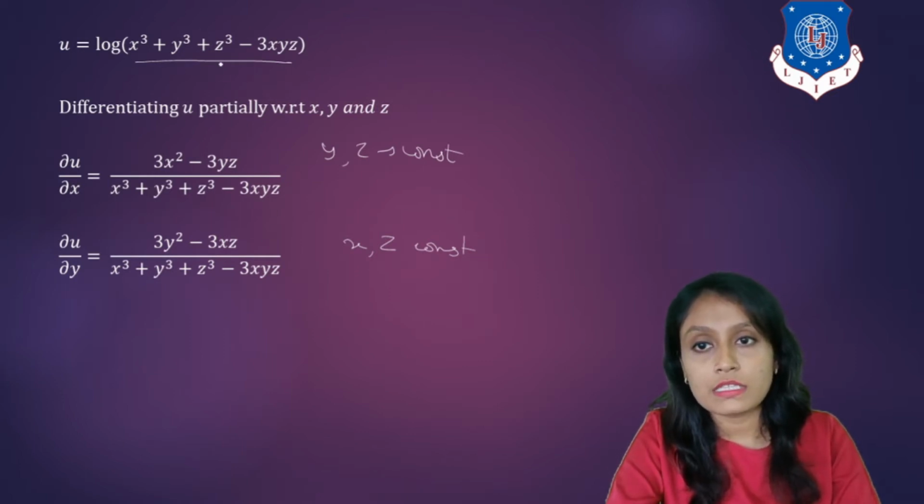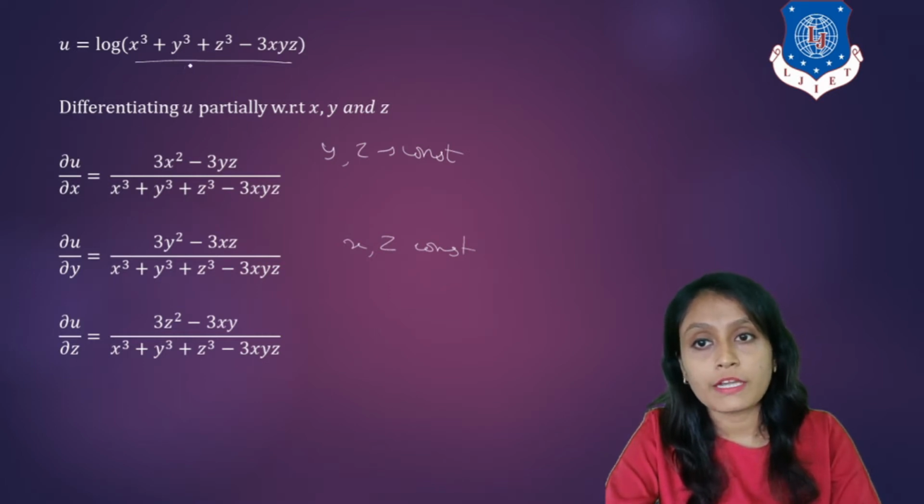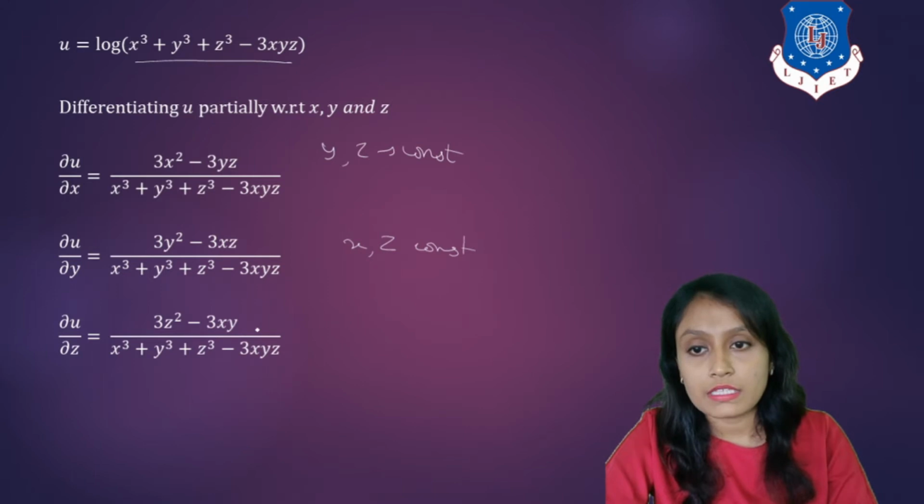These two terms are 0. The derivative of y³ is 3y², and from this you will get −3xz. Next, ∂u/∂z. Again we take the derivative of u with respect to z. Same formula, 1/(x³ + y³ + z³ − 3xyz), and using the chain rule, these two terms are 0, and from the other two terms we get 3z² − 3xy.